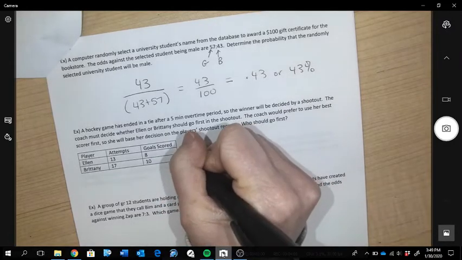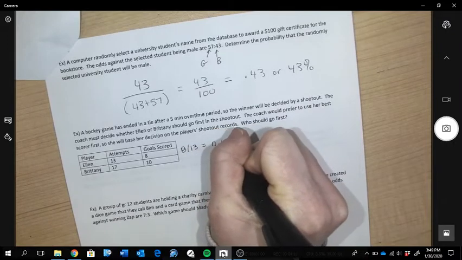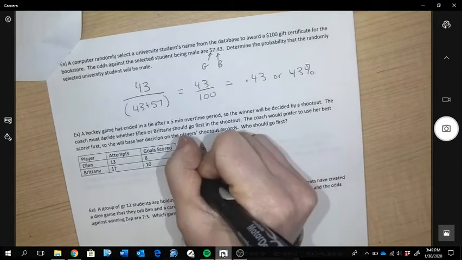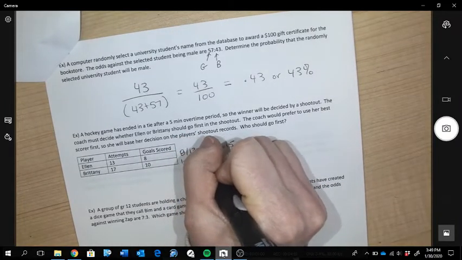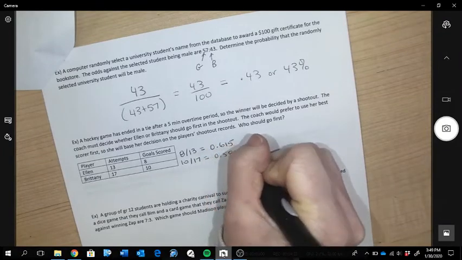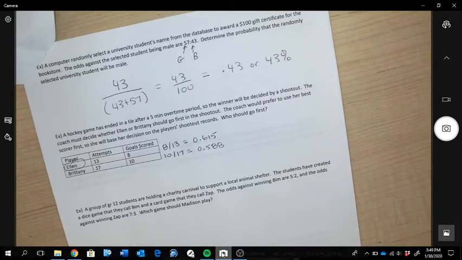So 8 out of 13, so that's a 61.5% chance, and 10 out of 17 equals 0.588. So I would pick Ellen.